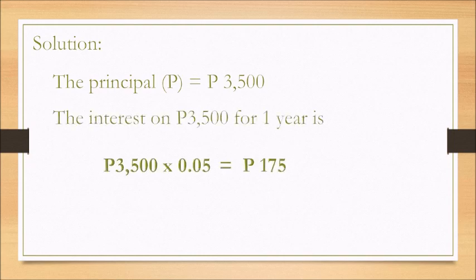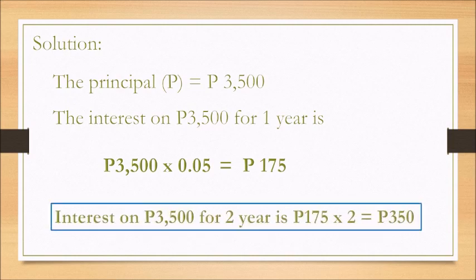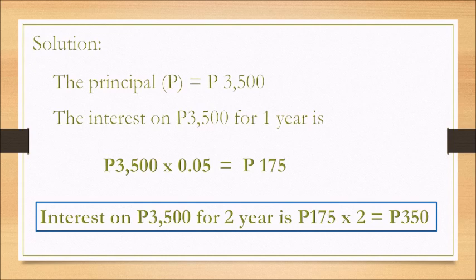The interest on 3,500 for 1 year is 3,500 times 5%, which is 0.05 in decimal, so that is 175. Interest on 3,500 for 2 years is 175 times 2, so that would be 350.